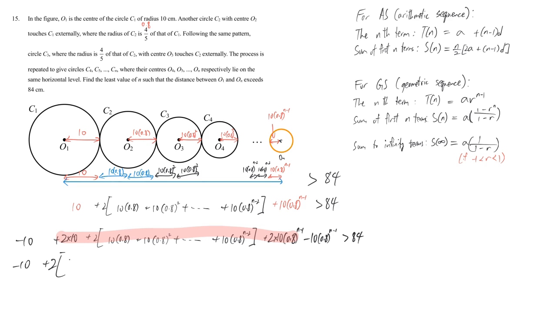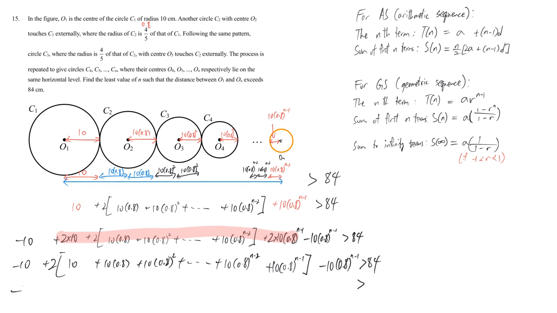It is 2 times of 10 plus 10 times 0.8 plus 10 times 0.8 power of 2 until 10 times 0.8 power of n minus 2, and 10 times 0.8 power of n minus 1, the first n terms. Just don't forget the last one and the first one.